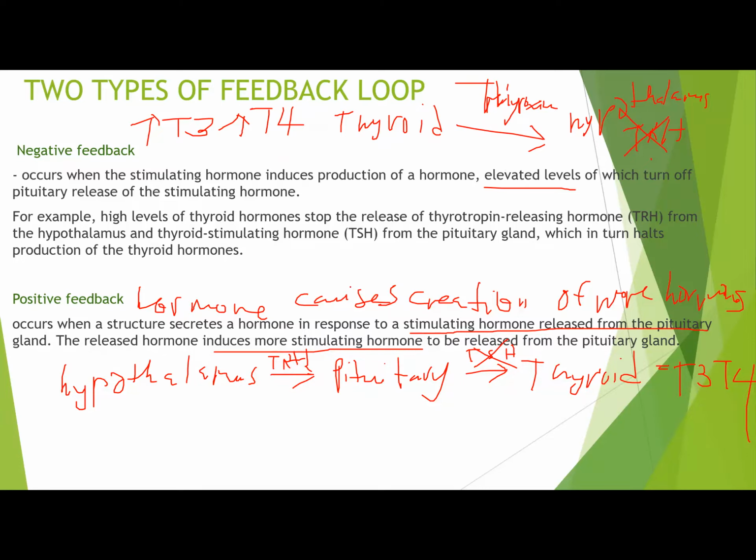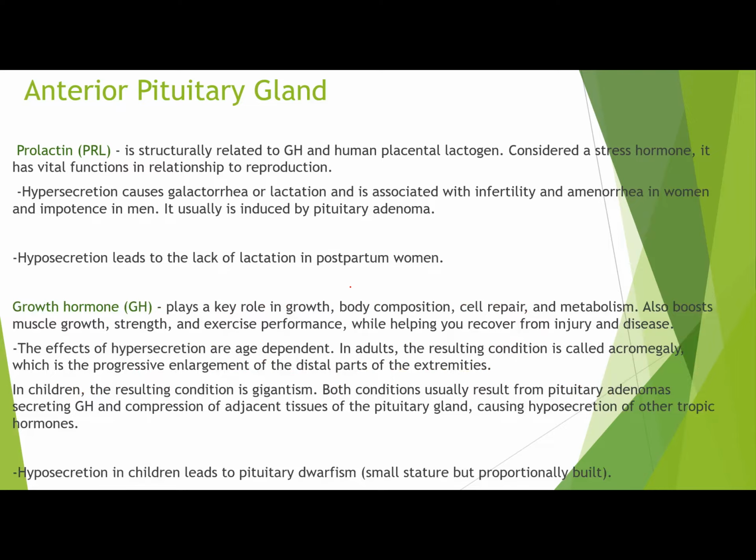Now, let's go to the organs na class. Let's tackle the different hormones and their diseases. One of these is the anterior pituitary gland. The first hormone here is the prolactin. This is structurally related to your growth hormone and human placental lactogen.